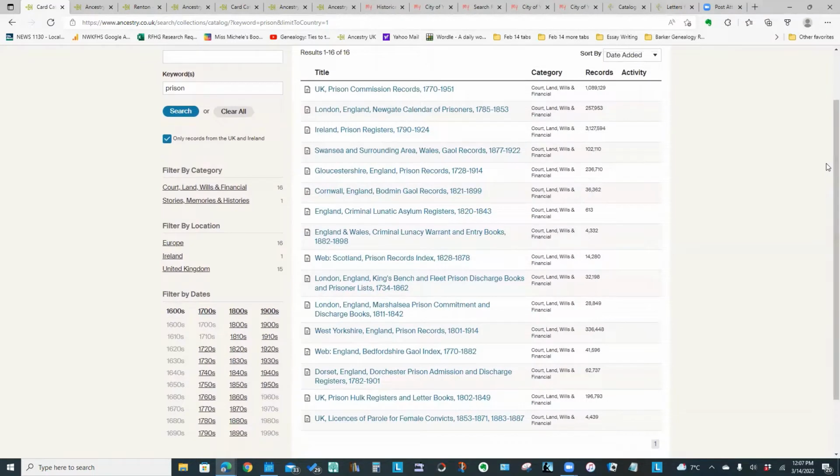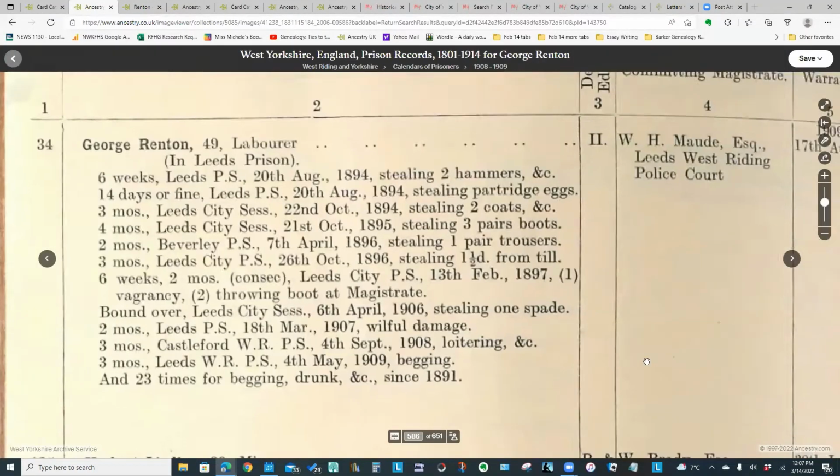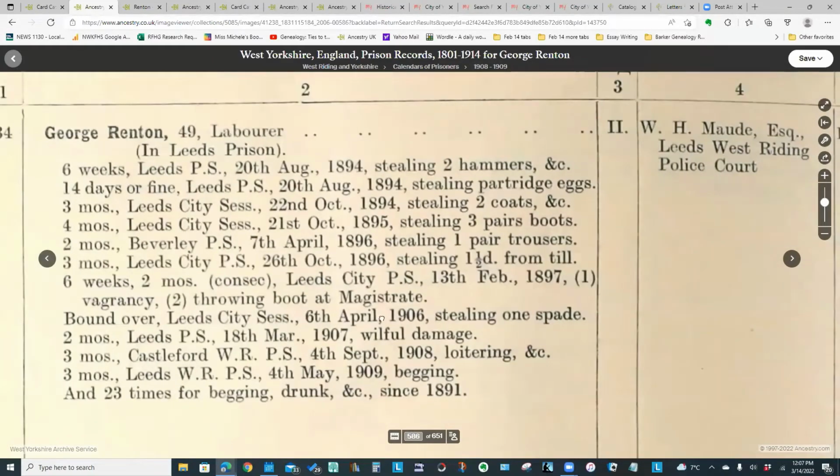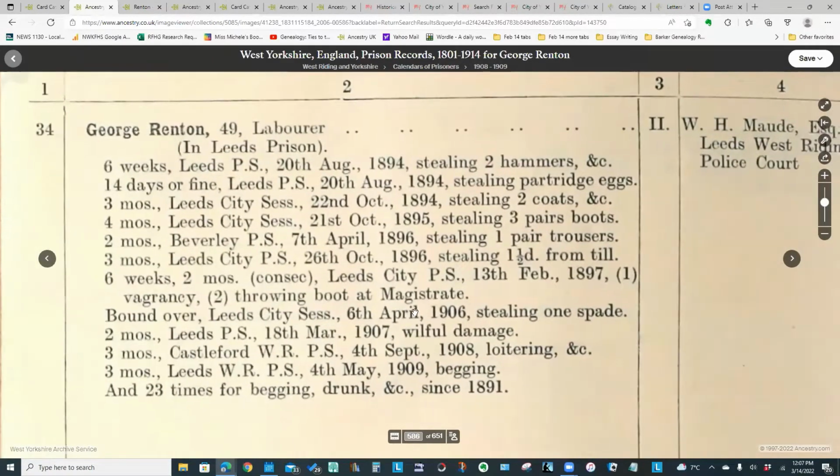So the first one I want to talk about is the prison records 1801 to 1914. A few weeks ago, we were talking about quarter session records, where all of the different misdeeds of our ancestors would be brought up before the quarterly court when the magistrate came into town.